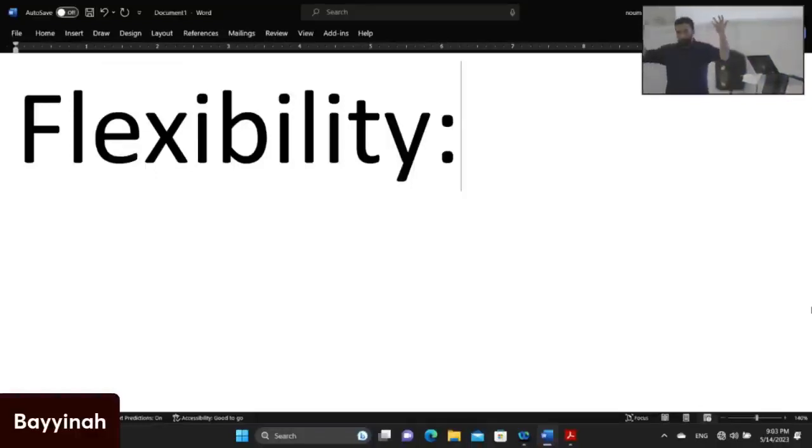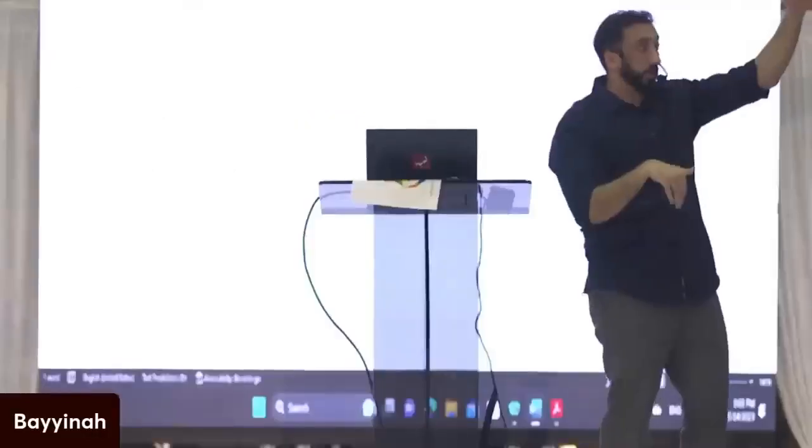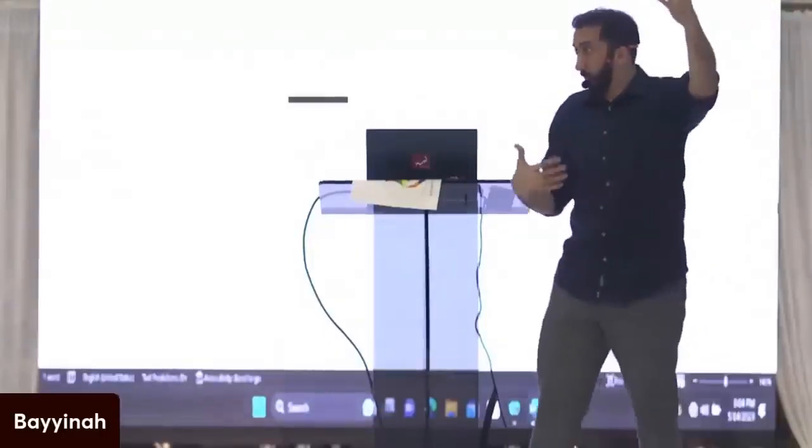Citizens, Ashabul Jannah, Khalidina fiha. There are non-citizens, illegal aliens, illegal residents, Ashabul Nar. But then there's a middle category. What's the middle category? Work visa, student visa, green card, visit visa, J1, H1, something 1, right?